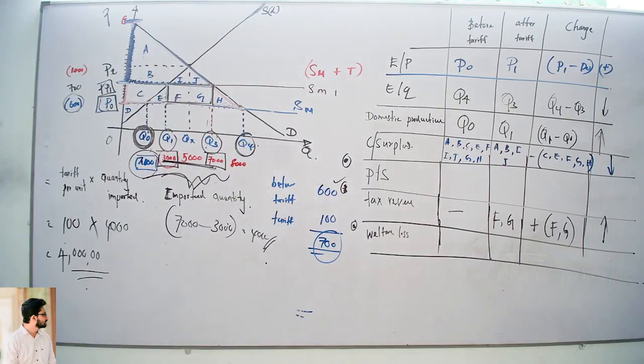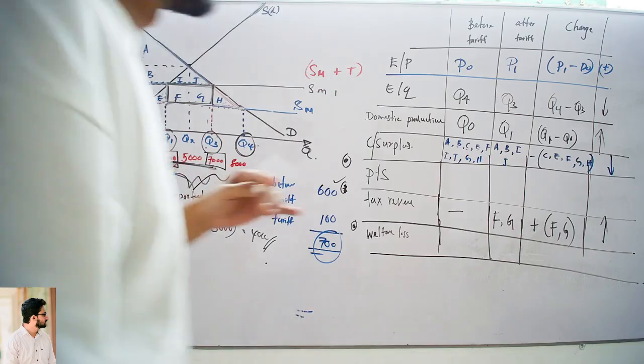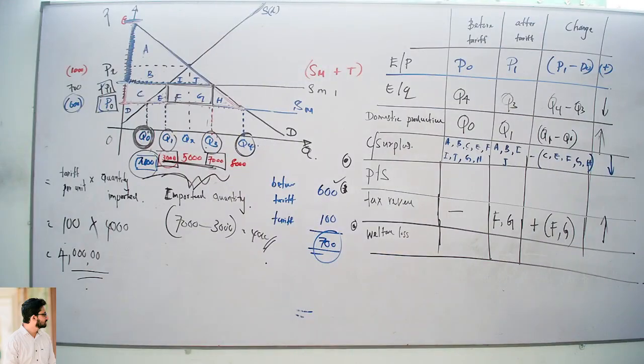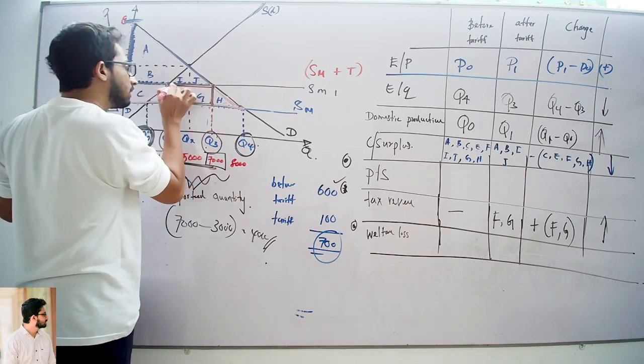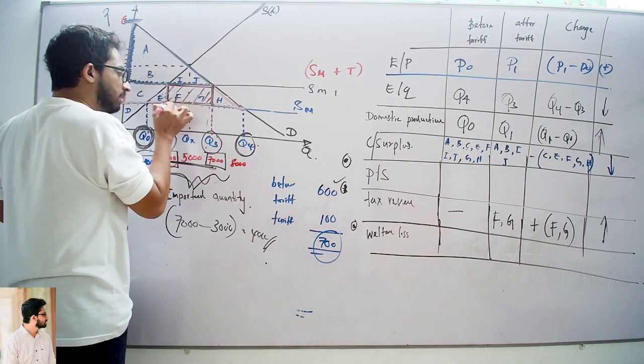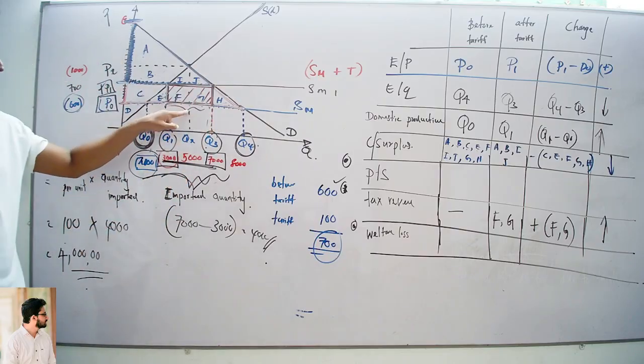Are you okay with tax revenue? Sandil, done. Okay. Are you okay with tax revenue? Okay, sir. This part is the tax revenue, a rectangle, not a triangle. This is the imported quantity, which you multiply by the unit tax.